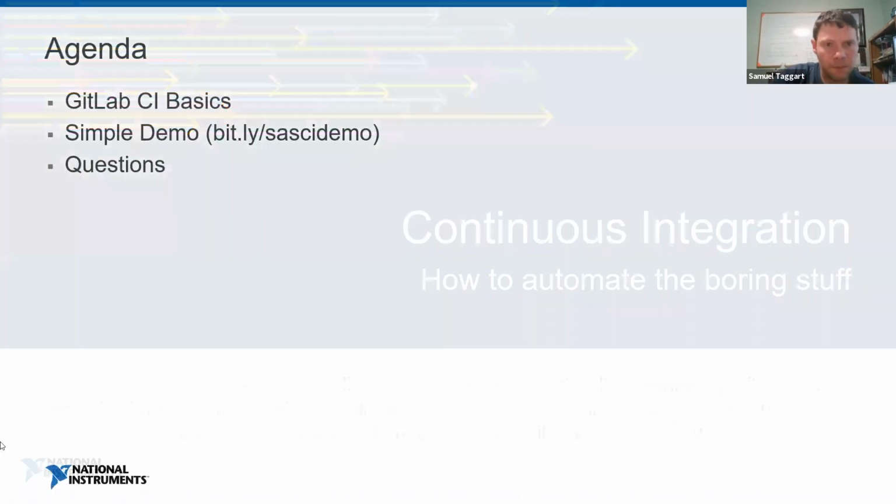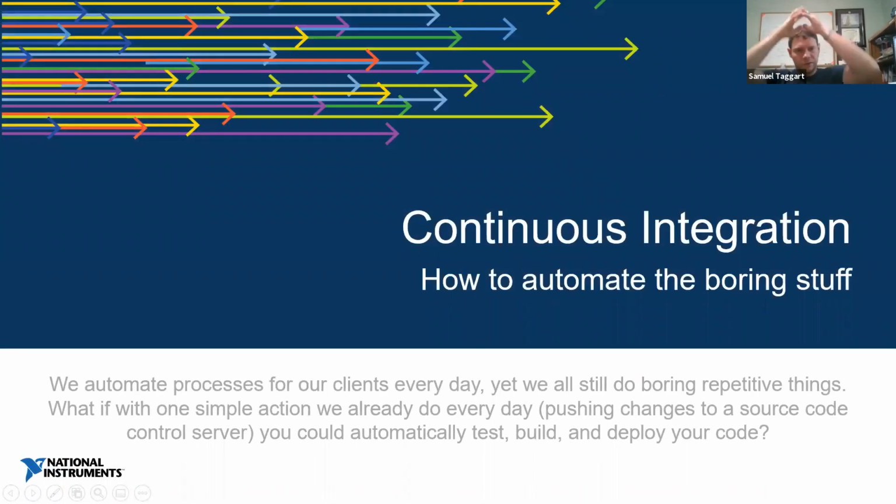Okay, so, you know, we automate stuff for our clients, right? If we use LabVIEW, that's what we use it for. And yet we still do a bunch of boring and repetitive stuff. We're constantly running unit tests and doing automated builds, but we have to press a button. We have to remember to run VI Analyzer and all that type of stuff. Continuous integration says there's one thing we should do every day, which is using source code control and pushing our changes to some sort of central repository.